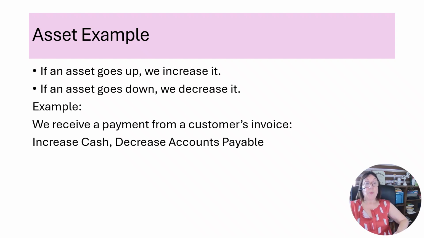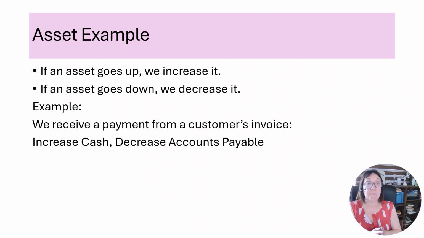So we received a payment from a customer's invoice. We've already sent them the invoice, and now we finally got paid. So our cash increases because we got paid, and our accounts receivable decreases because that person no longer owes us.